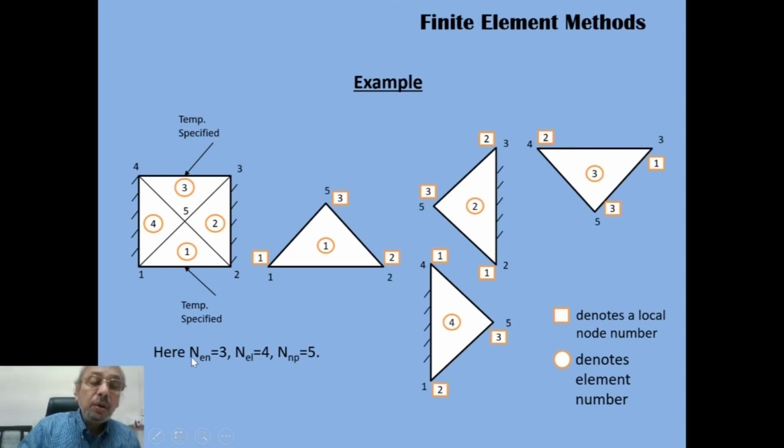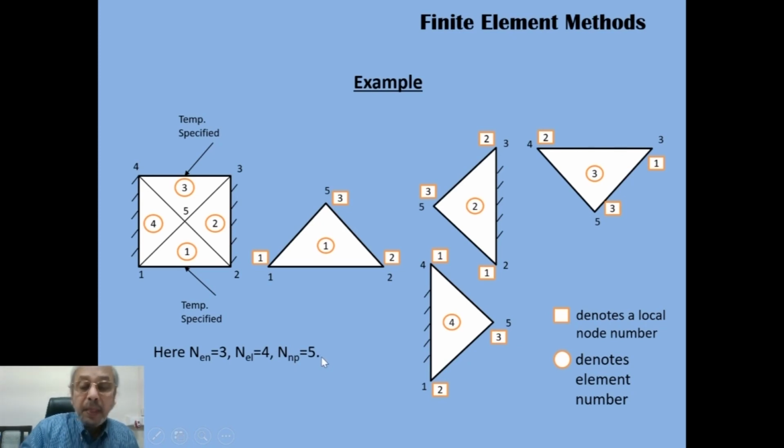So the NEN, that is the number of local nodes, is 3, the number of elements is 4, and the number of global nodes is 5.